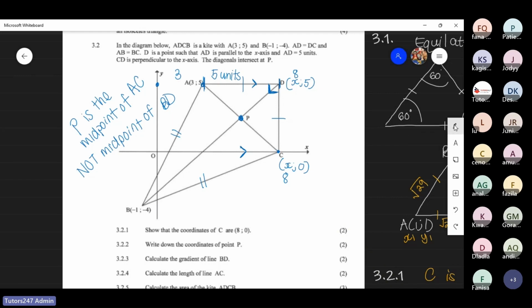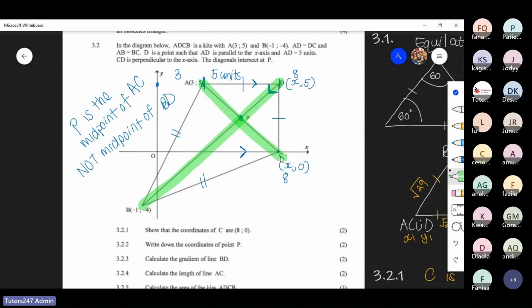So if we look at this kite, we know that our formula is going to be a half times BD, because that's the long diagonal, times the small diagonal. If you want a shortcut, just remember a half cross, because your diagonals basically form a cross.